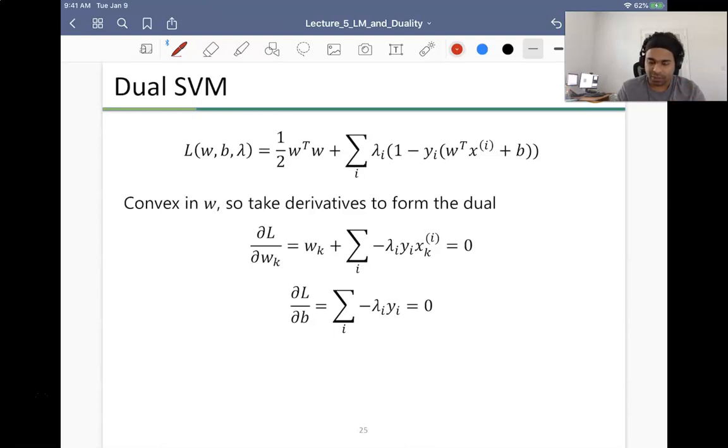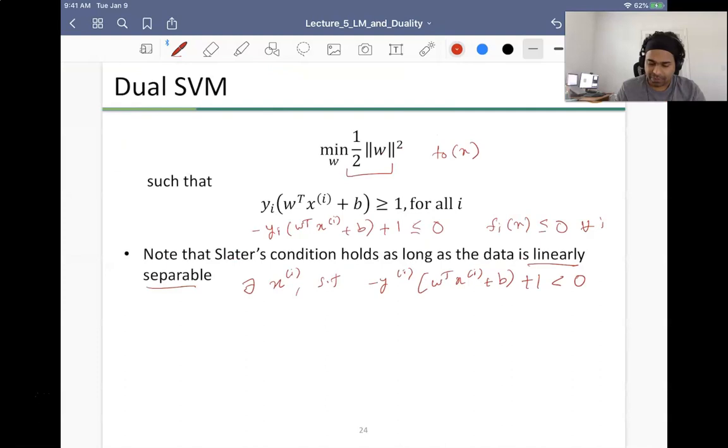Now we can construct the Lagrangian first. If you recall, the Lagrangian can be written in this form. Actually, excuse me, here the optimization problem is f0 of w, so w is my optimization variable.